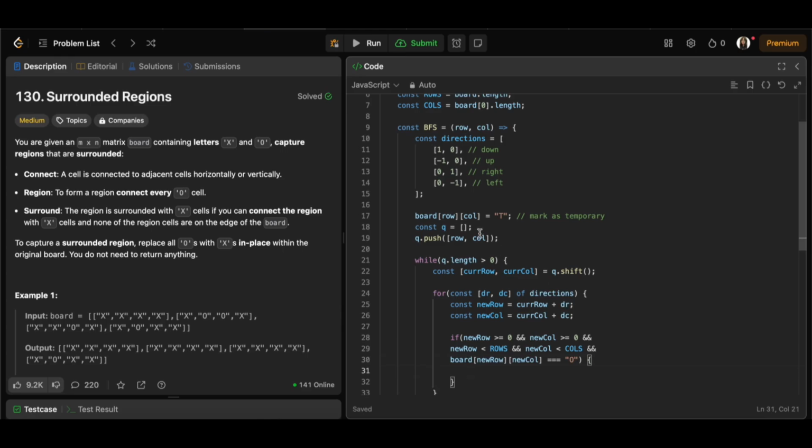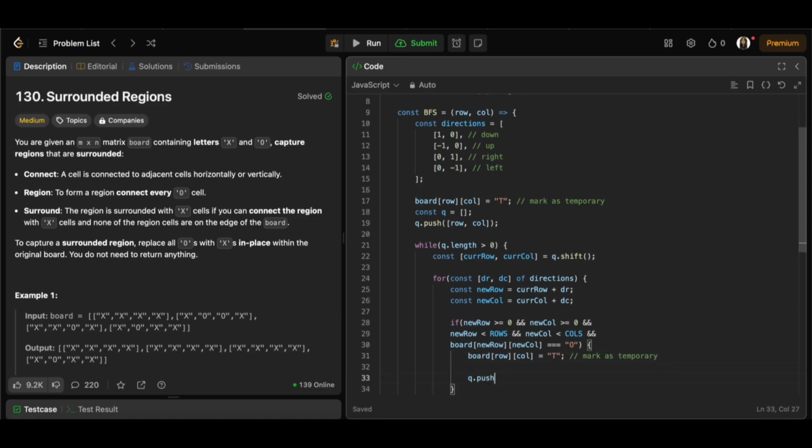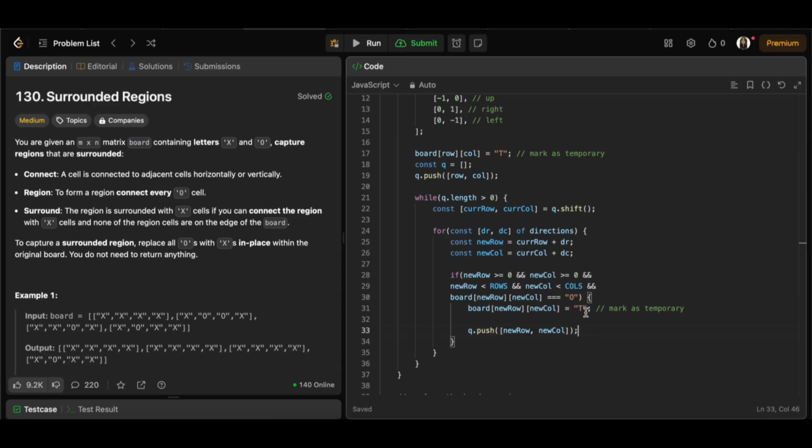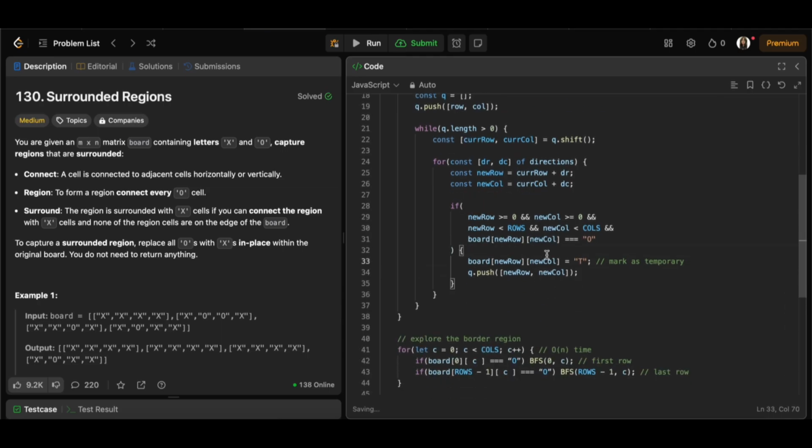What do we need to do? Well, of course, we need to mark them as temporary first, then q.push. This one should be new row, new col. Okay. I think that's all.